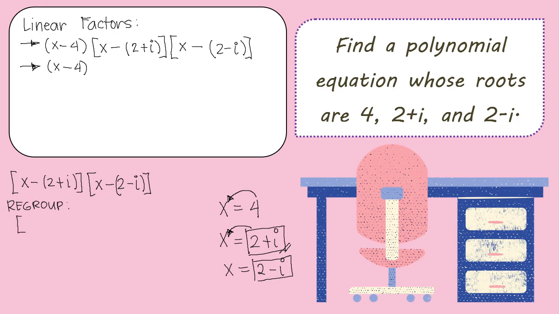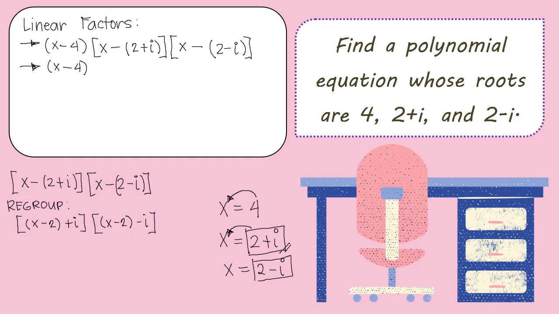For us to regroup, let's just group x minus 2 together and just copy the i, and the same goes with the second linear factor. So we will group x minus 2, then copy negative i. That's it, we're done regrouping, and I'd like you to observe: can you see the pattern here?